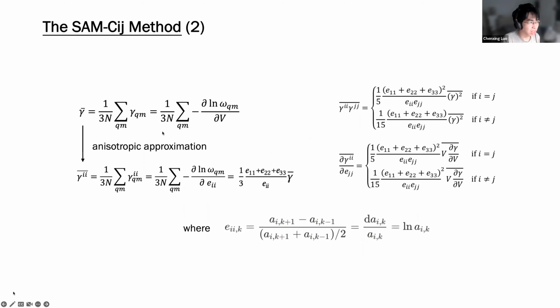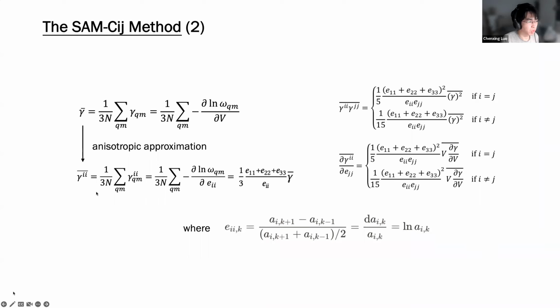And it also applies an approximation with the average coordination parameter to connect the average coordination parameter with the mode coordination parameter, which is defined in terms of each mode.